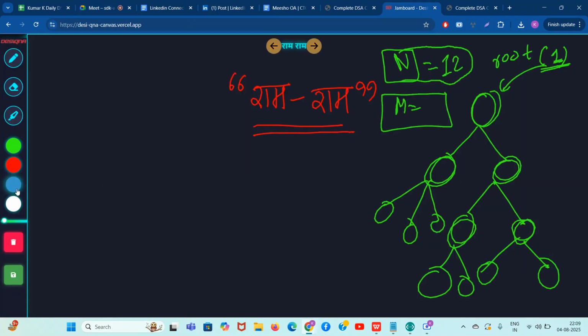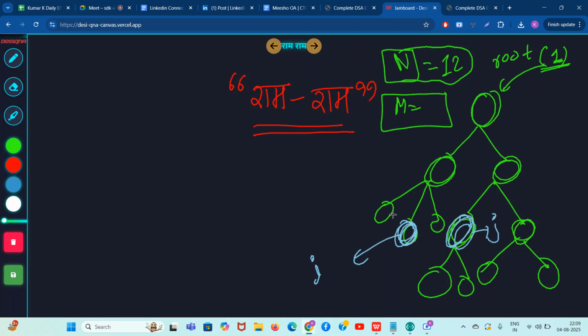Now, what is a path on the tree? Let's say this is node I and this is node J. What is the path from I to J?